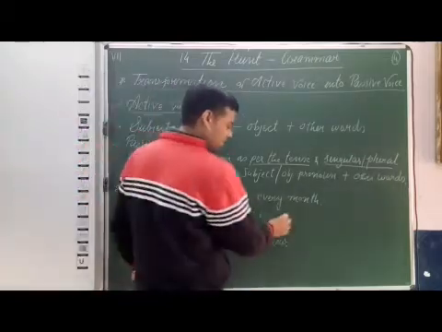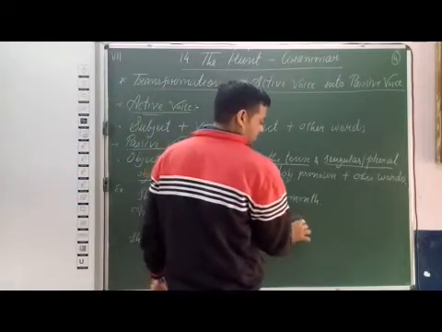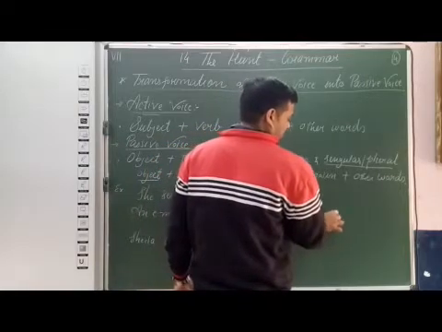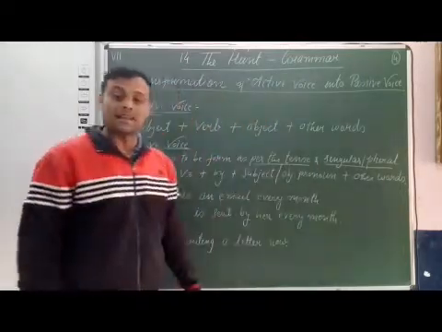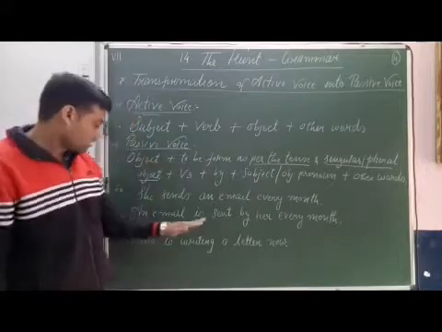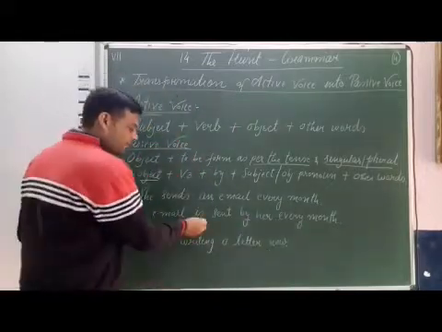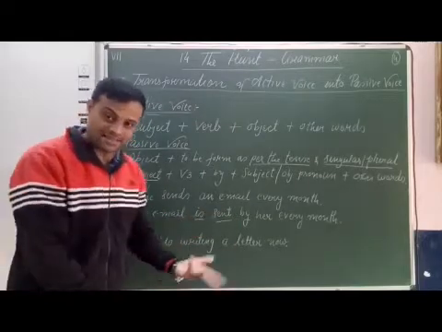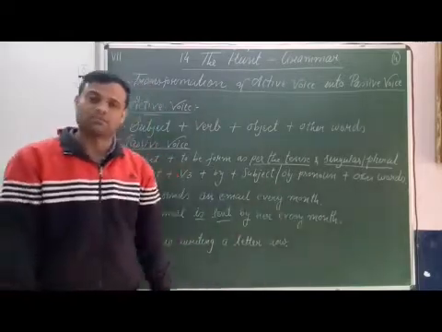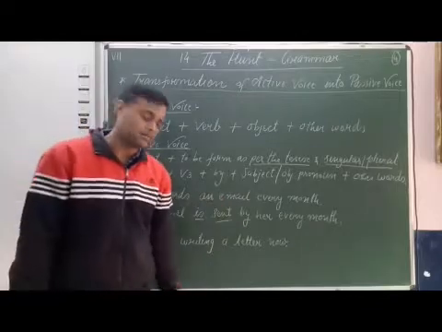In other words, every month. So the sentence now is in passive voice. An email is sent by her every month. See, here to be form, here V3. So the sentence is in passive voice. Let's see another example.